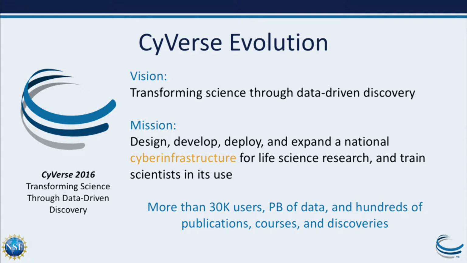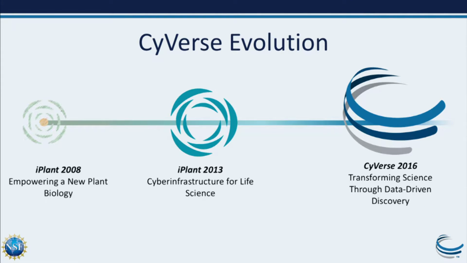Now, many of you may have known us by our previous name. So just earlier this year, we went to this last step in our evolution. We started out as iPlant, which was created in 2008 with the idea of enabling data-driven discovery and cyber infrastructure for the plant science community.